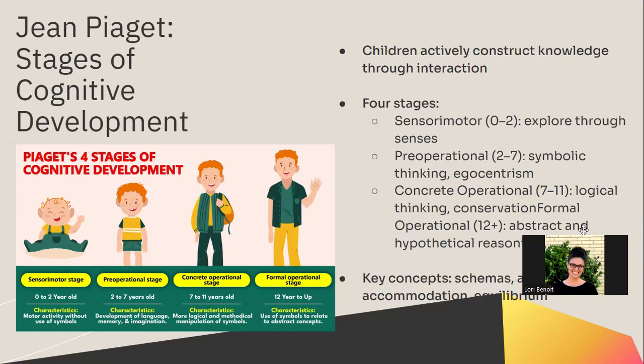For example, younger students may struggle with abstract concepts, but thrive with hands-on learning. Key concepts like schemas, assimilation, and accommodation help explain how students adapt their understanding as they grow.